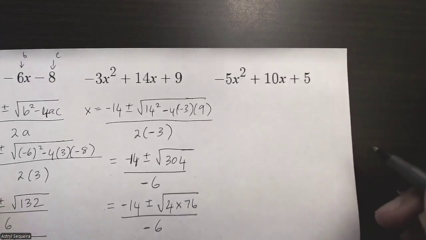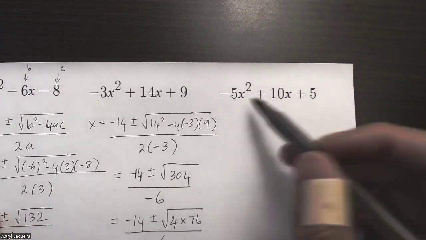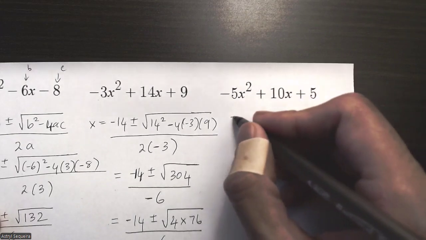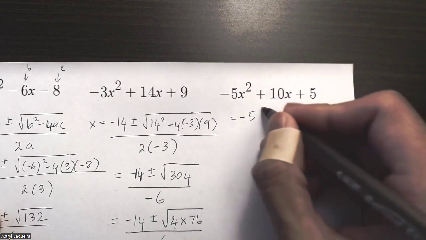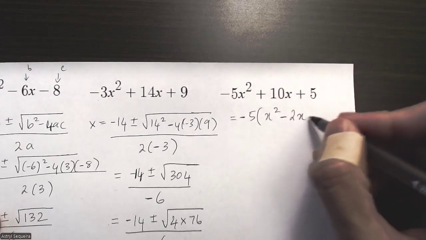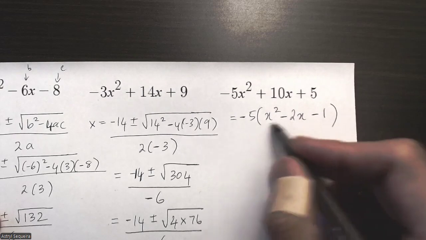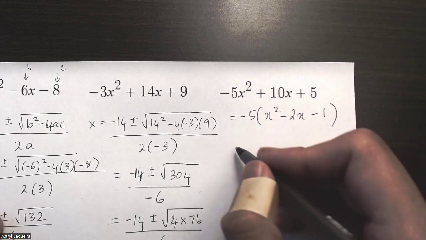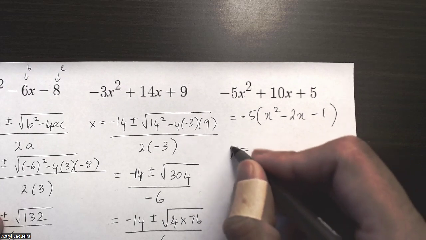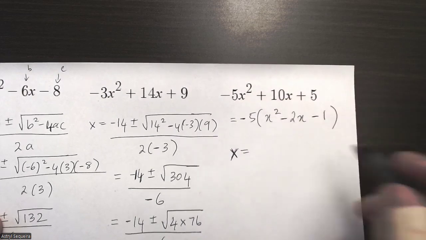Let's go to the third and final example over here. Now, you could do the quadratic formula on this straight away, but what we notice is we can actually common factor out a -5 in this question. And then we can do the quadratic formula on the inside, which would be much easier to simplify at the end. But if you didn't common factor here, you would still get the same solution.